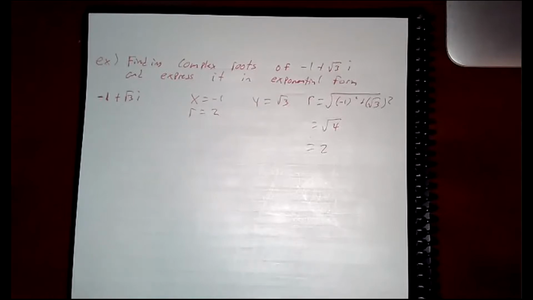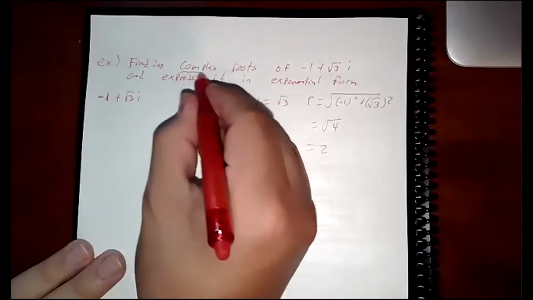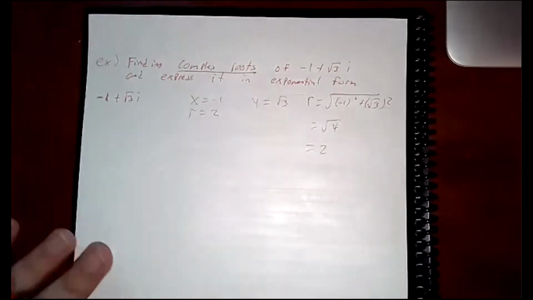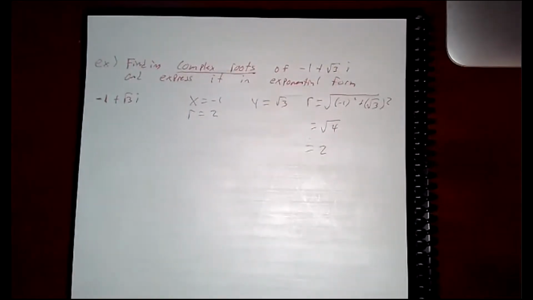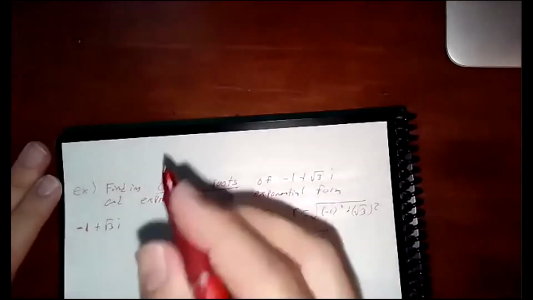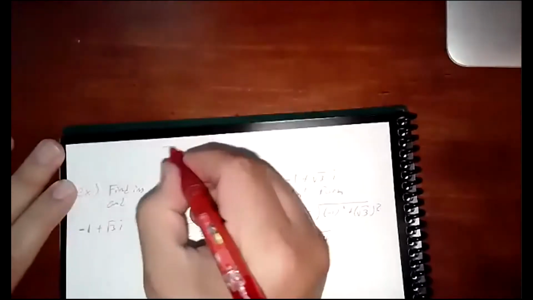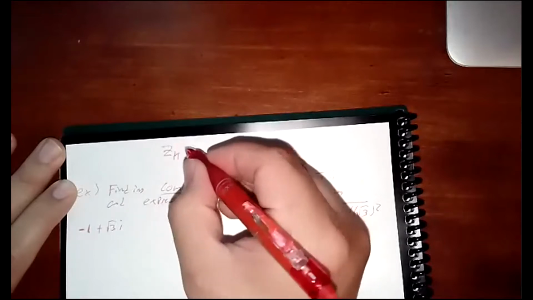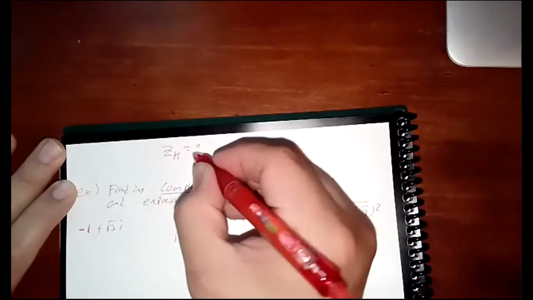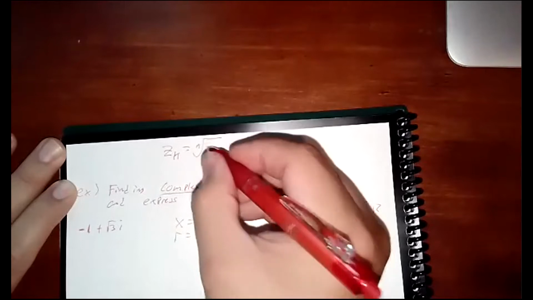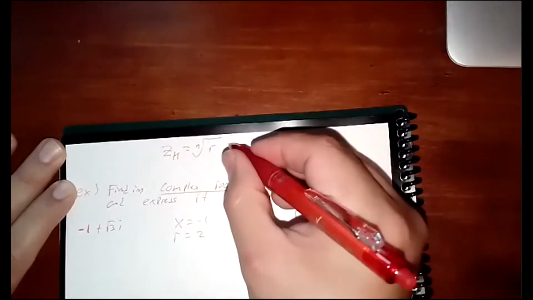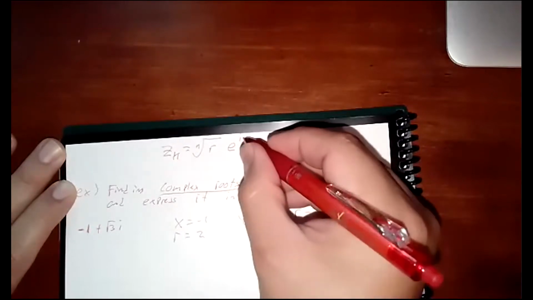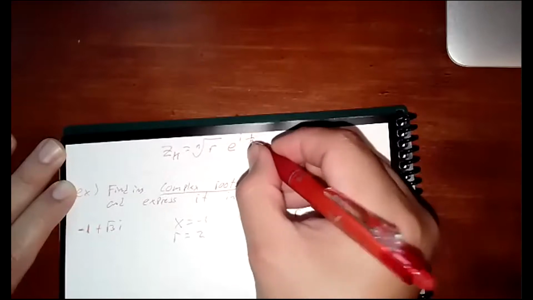So try to get into exponential form. When they ask you to find complex roots, you're going to need it in exponential form. Then you're going to use a specific formula. We use this guy here: z sub k is equal to the nth root of r times e to the i times 1 over n times theta plus 2k pi.